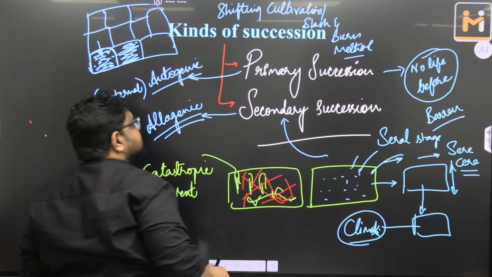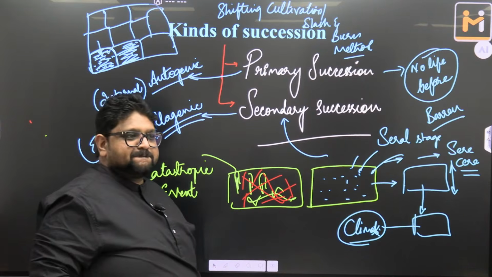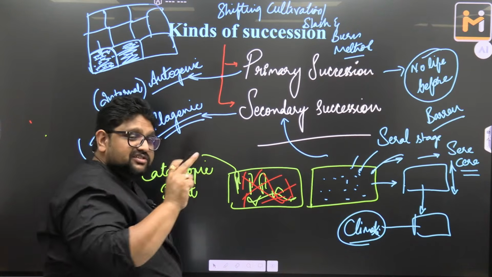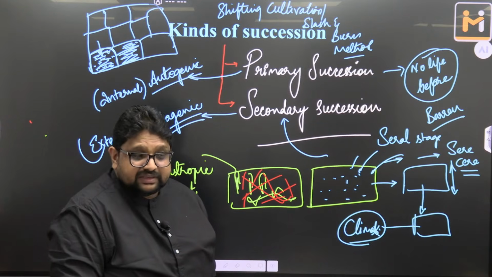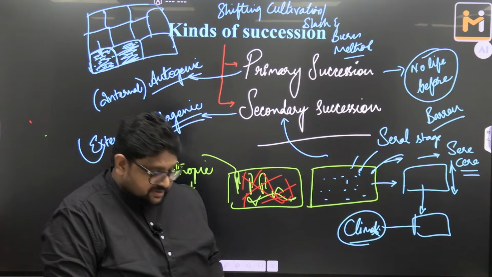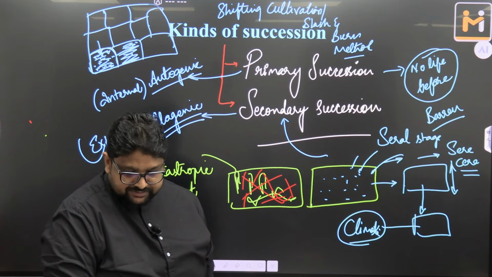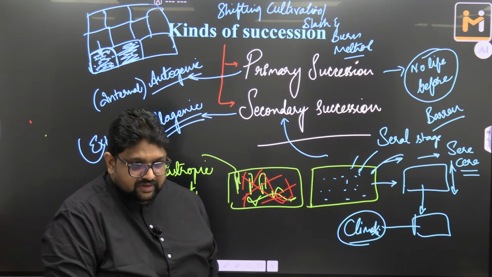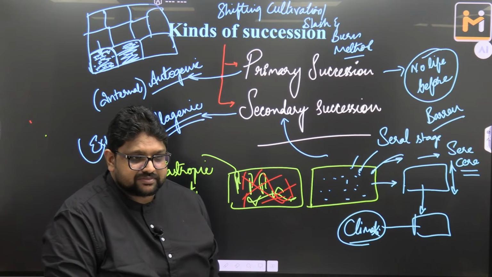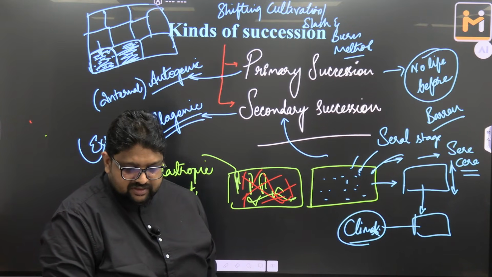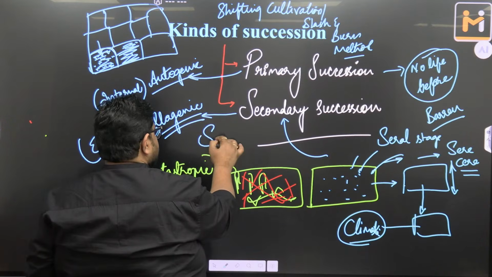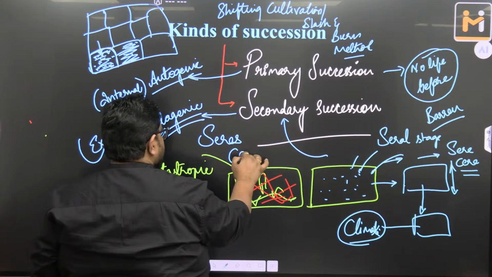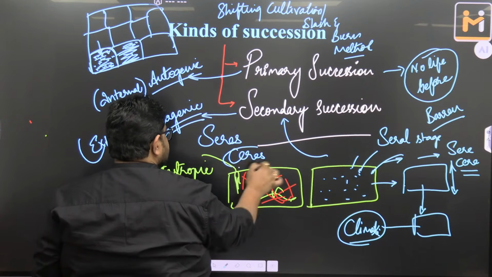Okay, that's the thing, right? The plant communities which come before the climax are called seres, or ceres, or SERS.